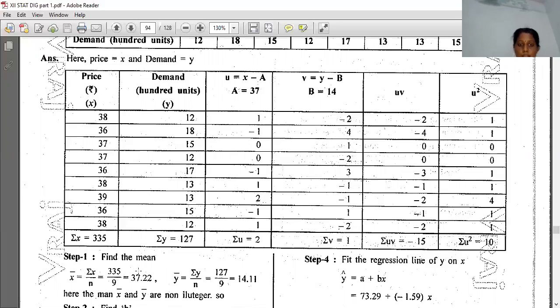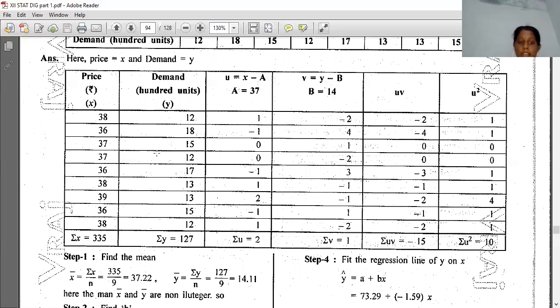Either you can take the approximate value of 37.22, or here it is taken as 37, or you can take any number from the X column. Coincidentally, the approximate value of 37.22 and the number from the X column are the same. Now the Y column: Y bar is 14.11. Here it is taken as 14, but 14 is not in the Y column.